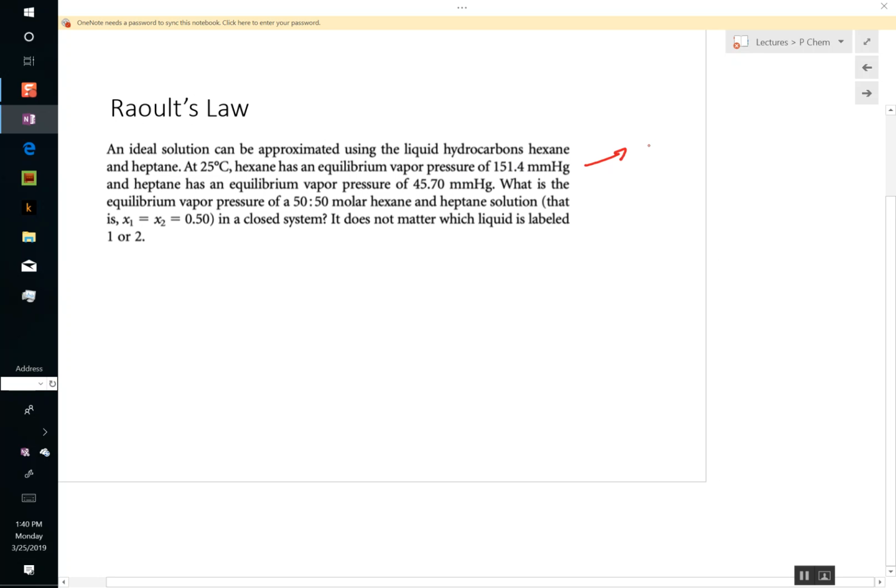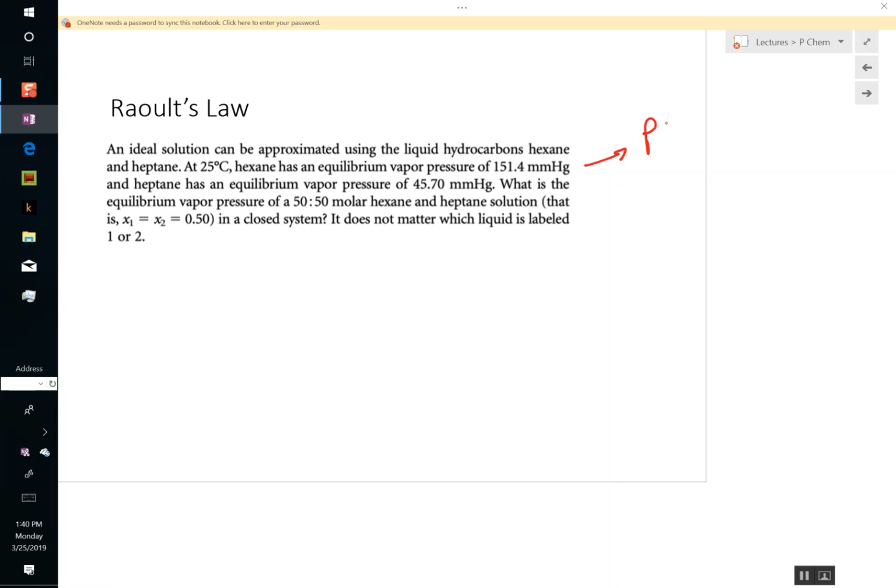How would you label that in relationship to these pressures? It says if you had hexane at 25 degrees C, this is what its vapor pressure would be at that temperature.